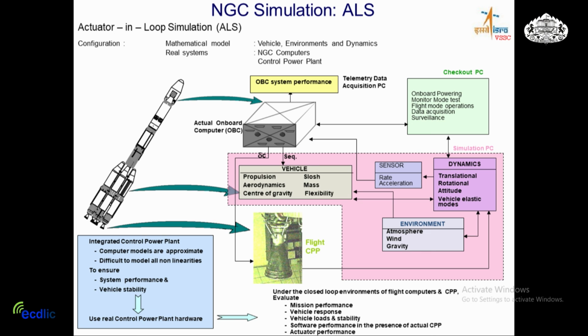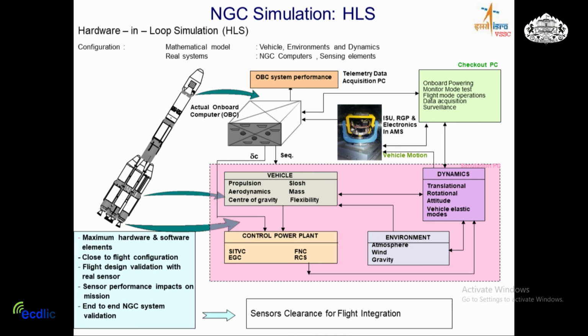Then the actuators in loop simulation, where the flight control power plants from different stages are assembled in our lab and interfaced with the onboard computers and the simulation computer to see the function of the whole thing with the actuators. And the hardware in loop simulation, which is the simulation with the inertial sensors also.